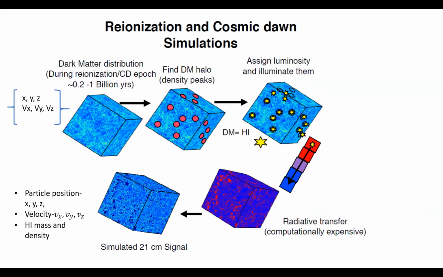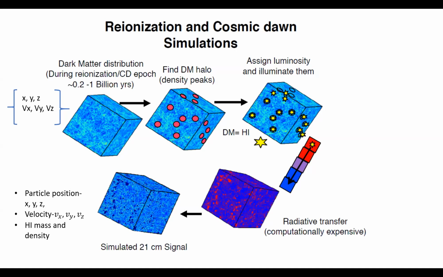I think Avinash has already discussed that we have an n-body dark matter simulation that gives us the distribution of dark matter at different redshifts. That covers the epoch of reionization, cosmic dawn, and sometimes the post-reionization epoch as well.